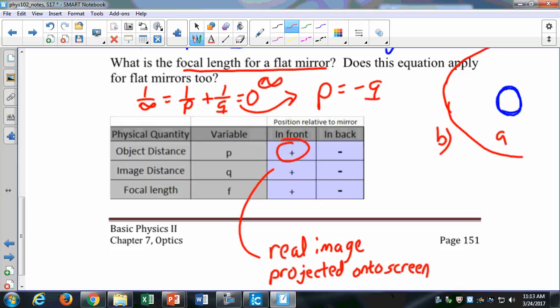This doesn't have anything to do with the mirror back here. But if I put it over here, I'll be able to create an image on a screen. Next time I'll bring an actual mirror that produces a real image. It's kind of cool. I forgot to bring it today, but I'll bring it next time. So if I'm in front of the mirror, that means my image distance is positive. If I'm behind the mirror, it's a virtual image.